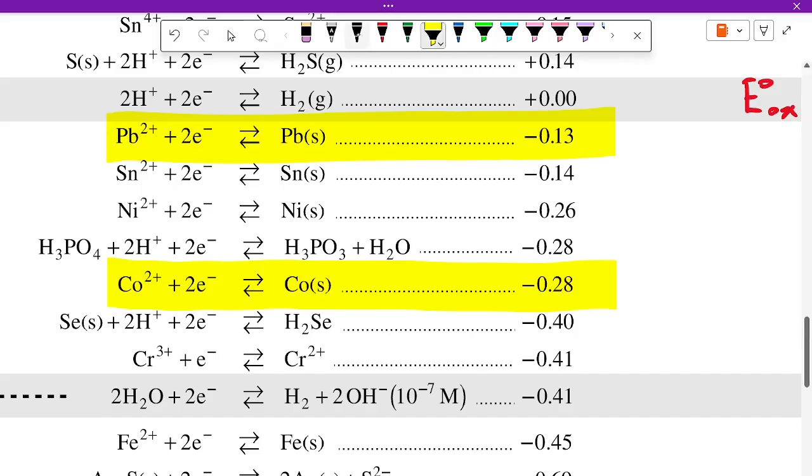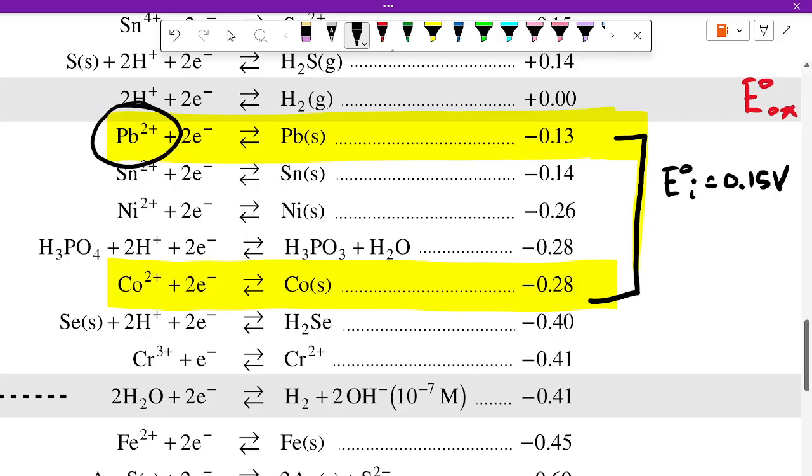Originally, your initial cell voltage is going to be 0.28 minus 0.13, which is 0.15 volts. Now, as time goes on, what is going to happen to the concentration of lead 2 plus?